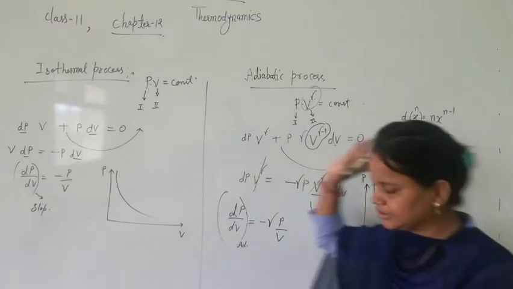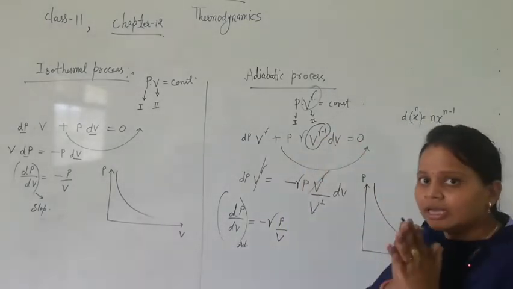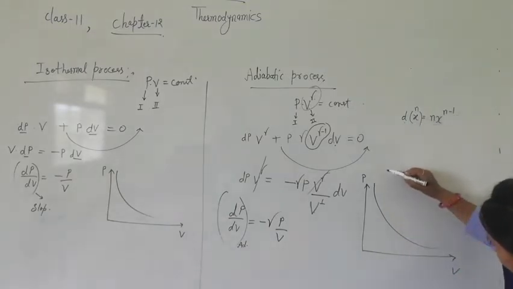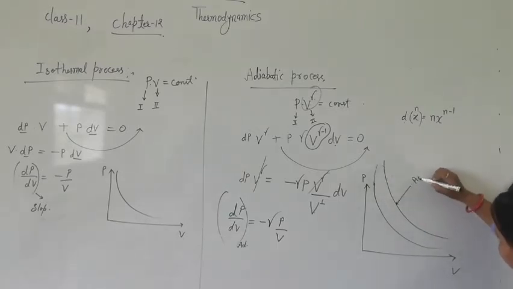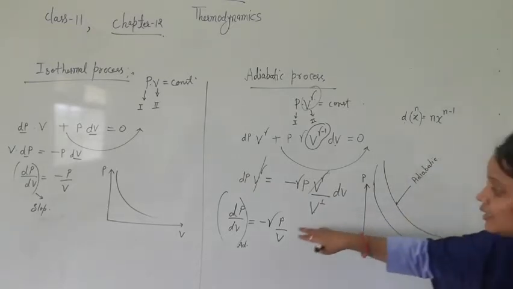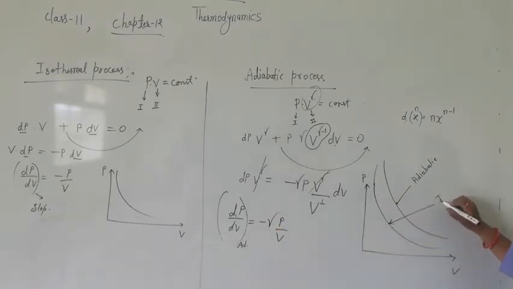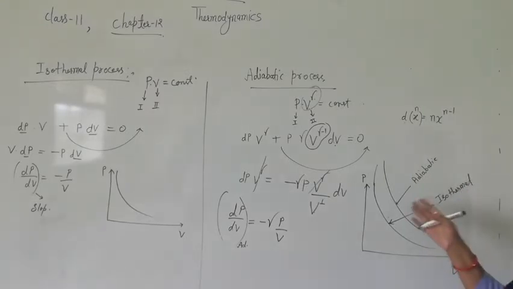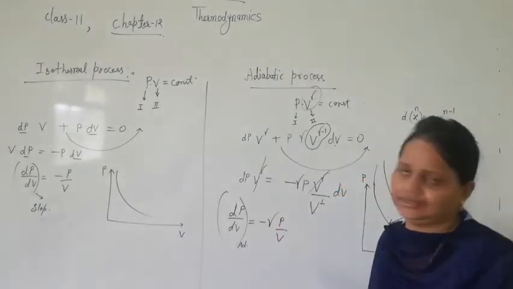If the isothermal and adiabatic processes are combined graphically, we get a curve like this. This is for the adiabatic process, having slope gamma times greater than the isothermal process, and this one is for the isothermal process. This curve shows the comparison of the slopes of these two processes. Thank you.